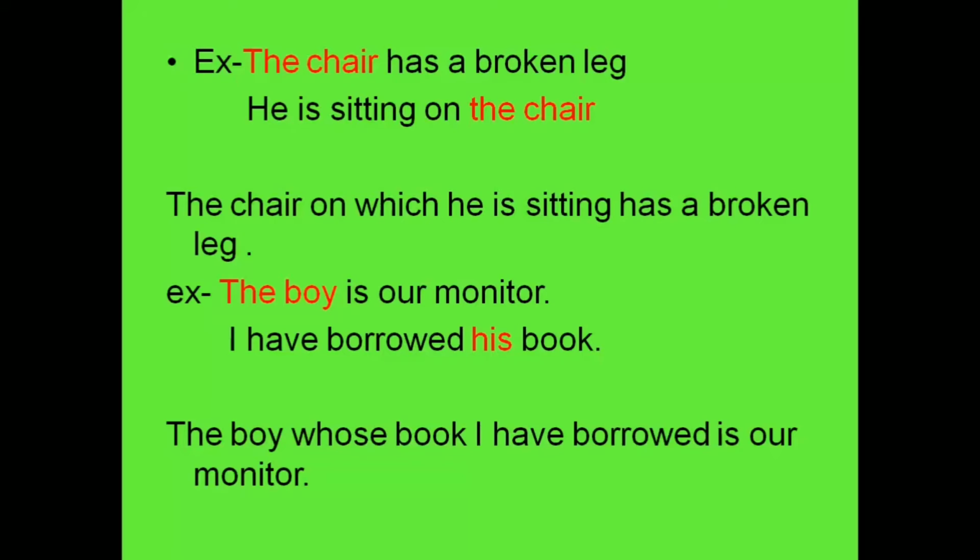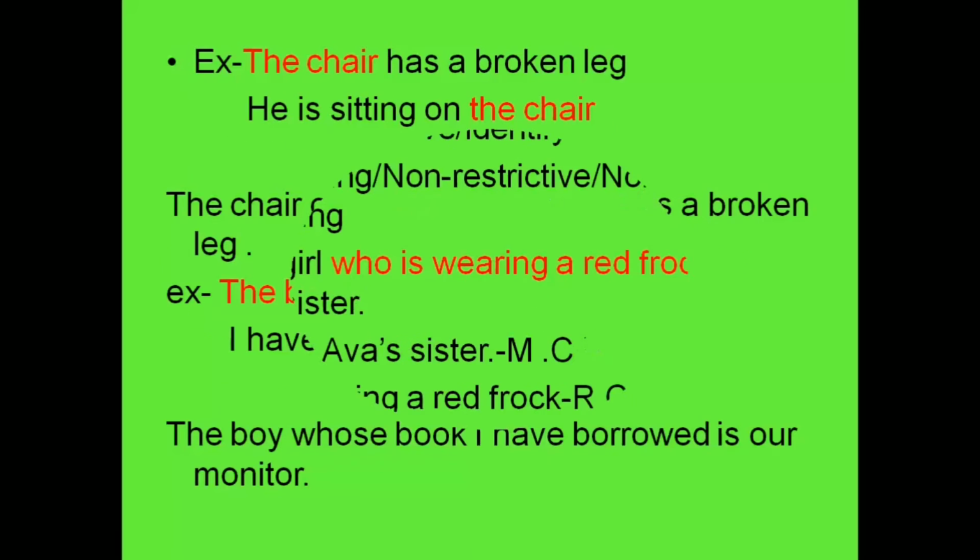His is the possessive word, and we have to replace it by whose. Whose book I have borrowed. Whose book should come to the front of the sentence, and the relative clause is whose book I have borrowed. The boy whose book I have borrowed is our monitor. This is the relative clause.